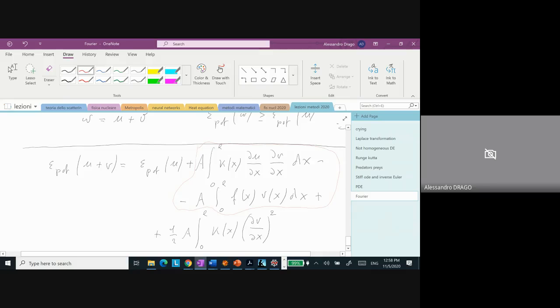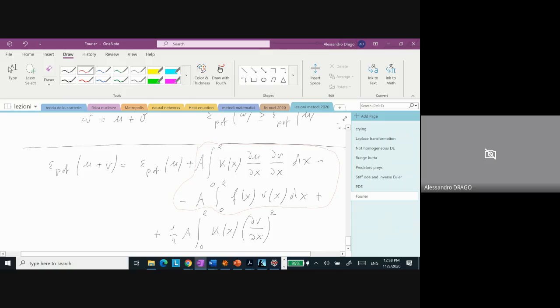If we can demonstrate that, then we are happy, because we have the potential energy of u plus v is the potential energy of u plus 1/2 something that is clearly positive, because k of x is by definition positive, and dv over dx squared. And recall that u, v, omega, they all satisfy the boundary conditions. So the boundary conditions were, for instance, v of a equals 0, v of b equals 0, and therefore when this object is 0, it implies that v is equal to 0 everywhere.